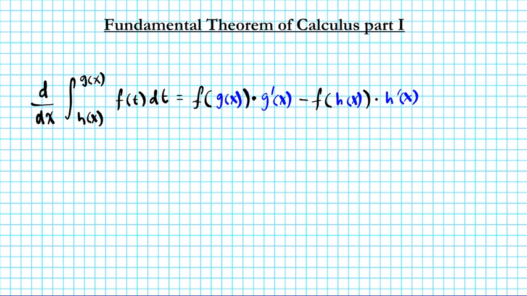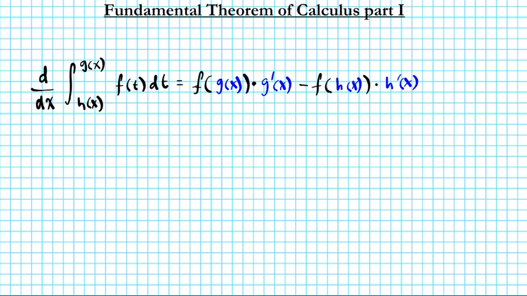So basically you substitute, then multiply by the derivative of what you substituted, minus the lower limit, the same process. Alright, let's apply this whole formula to two examples, and then we'll go on after that.